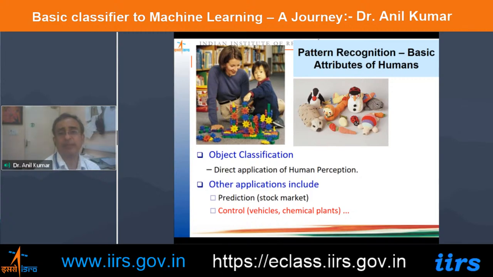Coming to the very basic term due to which machine learning and deep learning algorithms have been developed with time, which is pattern recognition. Here we'll try to understand the basic attributes of humans on which this pattern recognition works.